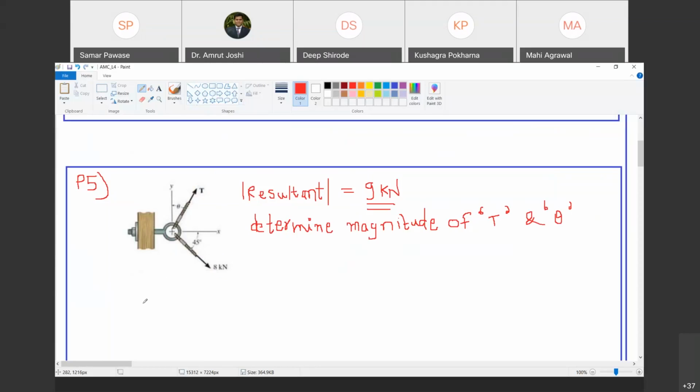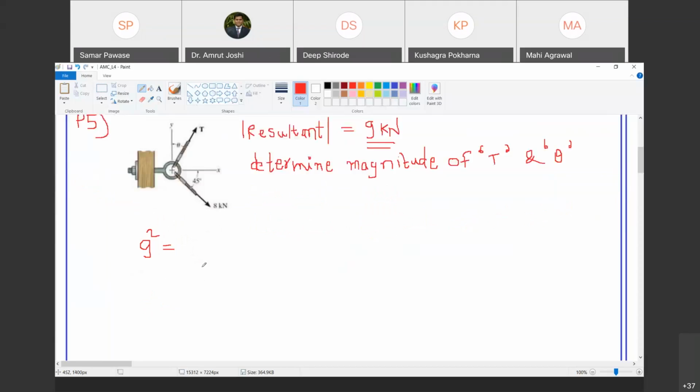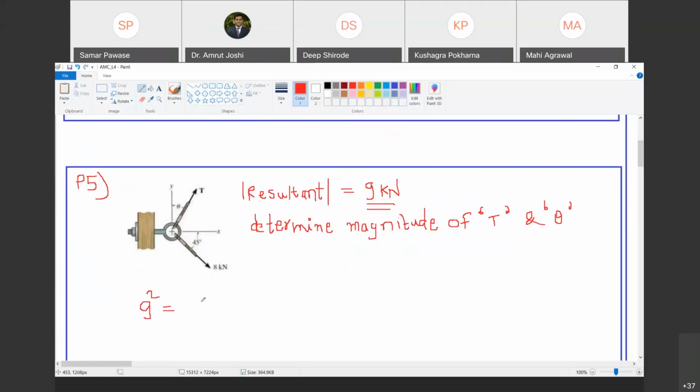So what is the first equation that I can write? 9 square equals... बोलो. 9 square is equal to 8 square plus T square plus 2 times 8 T cos of 45 plus 90 minus theta.